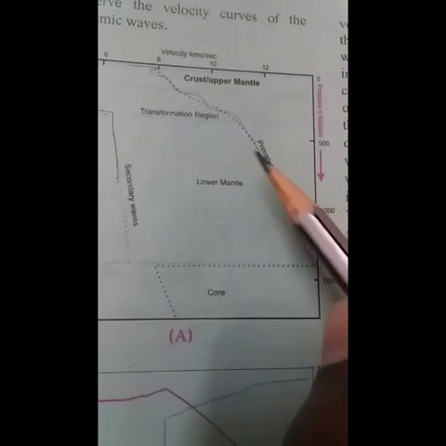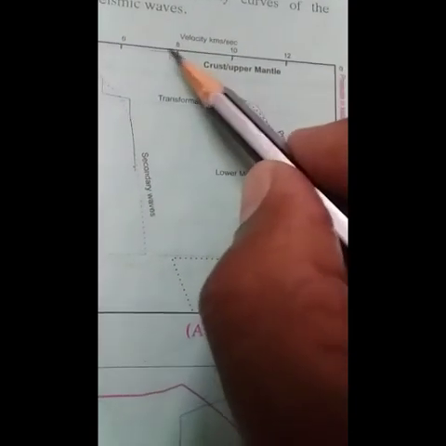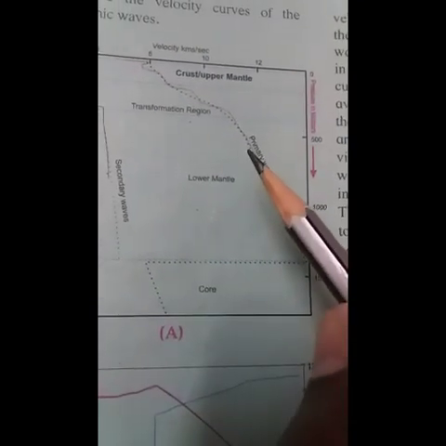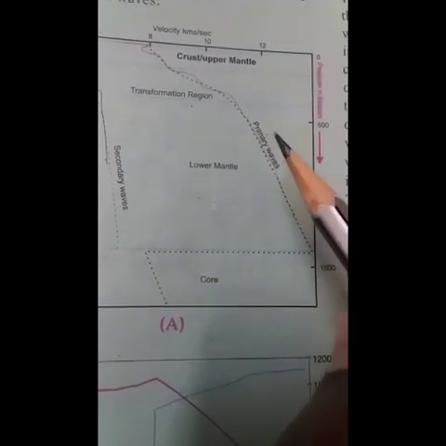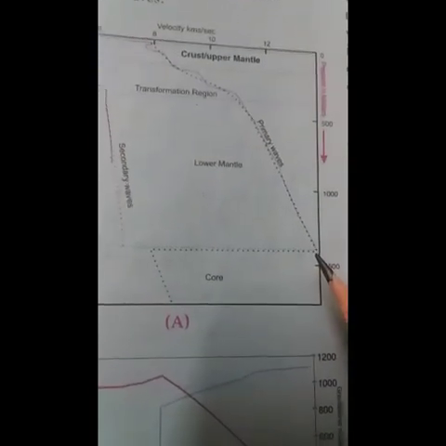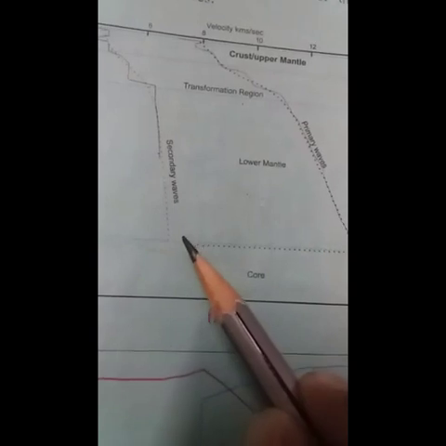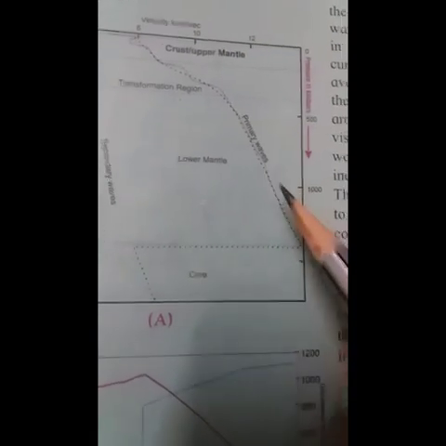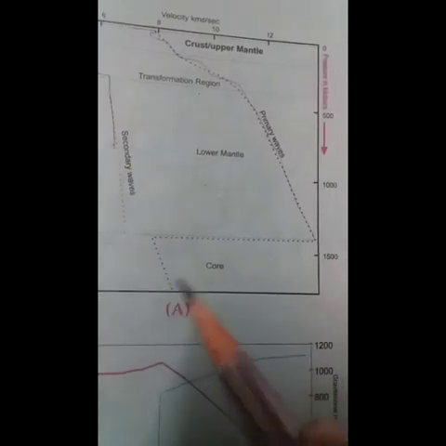Thus, from surface to the boundary of core, the velocity of primary waves increases, and at the boundary of core, the velocity of primary waves reduces.